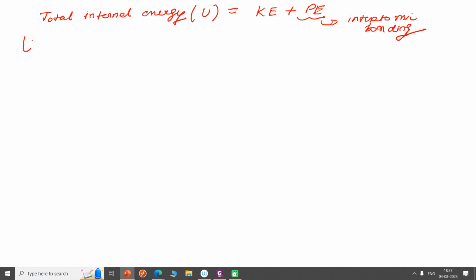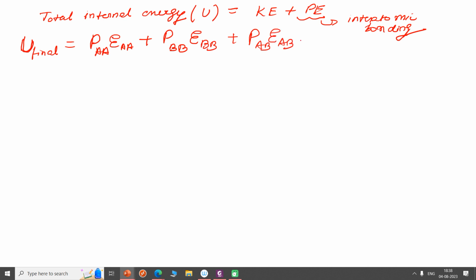So the final internal energy upon mixing can be given by: we have PAA bonds with bond energy EAA, and we have PBB bonds with bond energy EBB, and similarly we have AB bonds, the number of AB bonds is PAB and their bond energy is EAB.